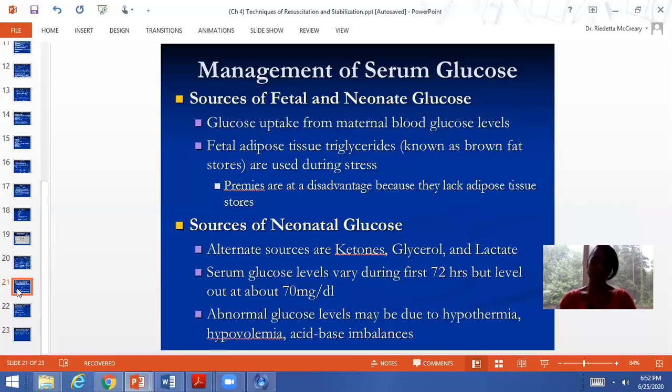Abnormal glucose levels may be due to hypothermia, hypovolemia, or acid-base imbalances. So these are things to consider if the baby's D-stick is low. These are the things that could cause it.